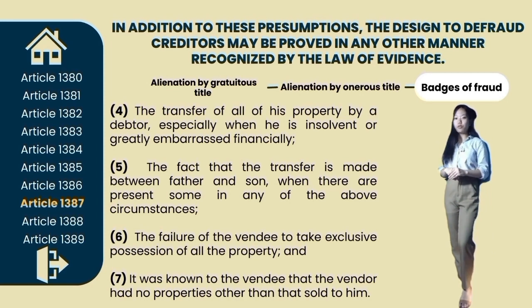Fifth, the transfer of all or nearly all of his property by a debtor, especially when he is insolvent or greatly embarrassed financially. Sixth, the fact that the transfer is made between father and son where there are present other of the above circumstances. And the seventh, or the last, the failure of the vendee to take exclusive possession of all the property. So, at least three of the circumstances that I mentioned are indicated as determinative of the existence of fraud.